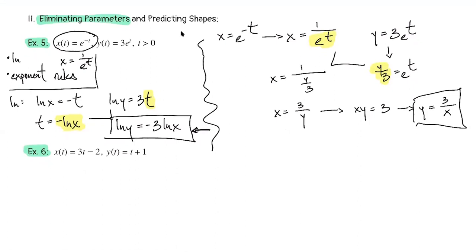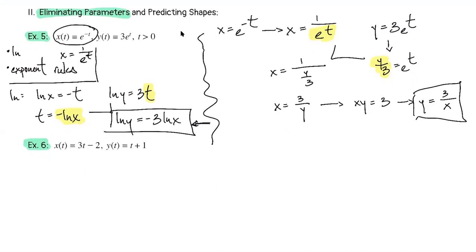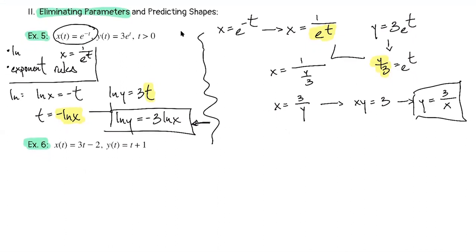So I wanted to start with example 5 because I think that's actually the toughest out of all of them, okay? But let's take a look at example number 6 here. If we want to eliminate the parameter here with the least amount of work, what could be a good starting point?